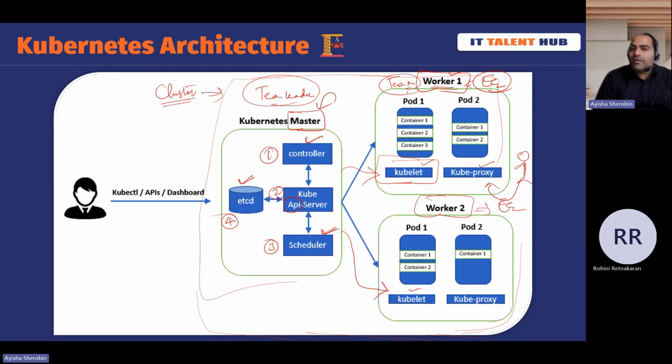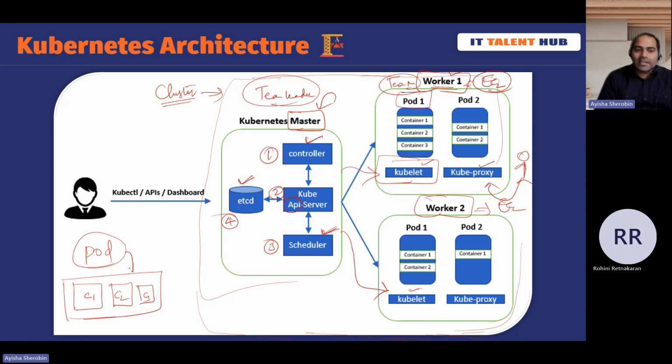Whenever we talk about a worker node, we come across the term pod. What is a pod here? A pod is an important term in Kubernetes, which is going to manage one or more containers. So this is container 1, container 2, container 3. A pod is an external layer, or we can say an external boundary, which manages the containers inside it.